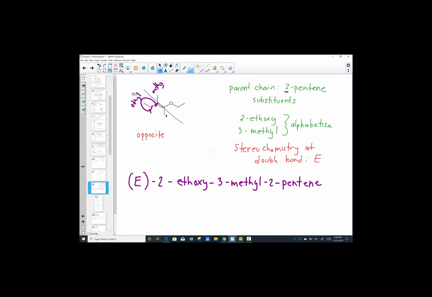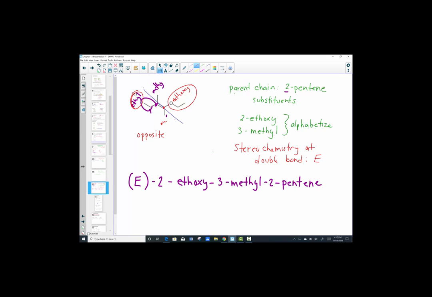And on this side, let's just make sure we see this is of higher priority. More carbon is of higher priority, so ethyl over methyl. And on this side, this carbon has a methyl and then the ethoxy. So again, this is the priority, leading to the oxygen, a more complicated substituent group.